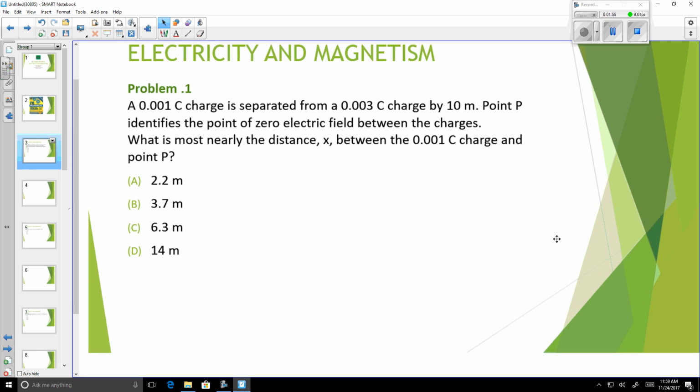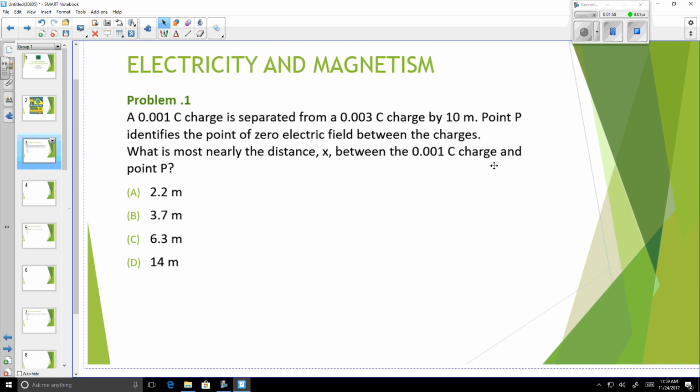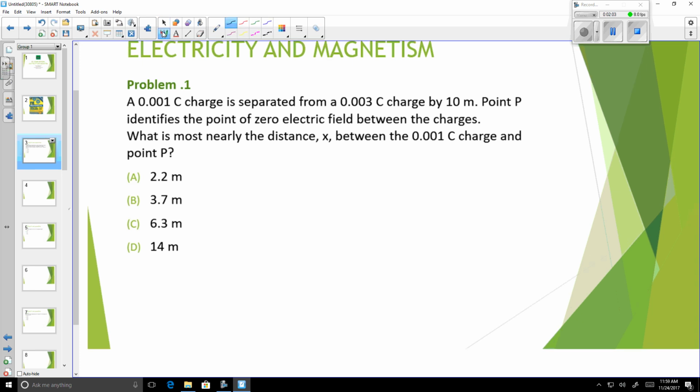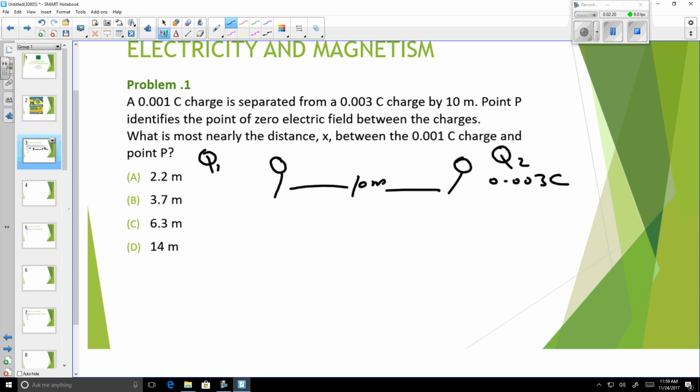This is charge 1, Q1, and here is charge 2, Q2, and the distance between them is 10 meters, where charge 2 is 0.003 coulombs and charge 1 is 0.001 coulombs.